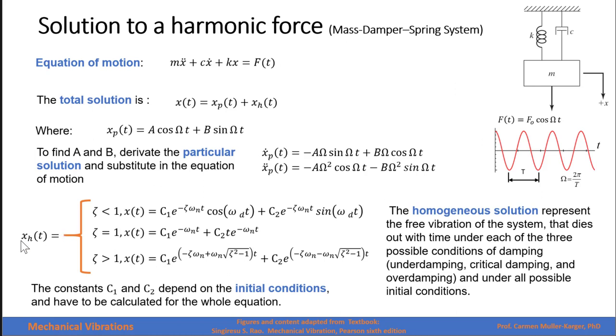Remember that the homogeneous solution we studied when we studied free vibrations, and very important, the constants C1 and C2 are a function of the initial conditions, but we cannot take the constants that we already found. We have to find the constants for the whole solution. So first we will find the particular solution, finding A and B, and then we will find the constants C1 and C2.